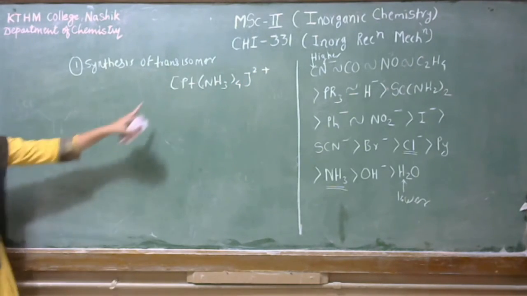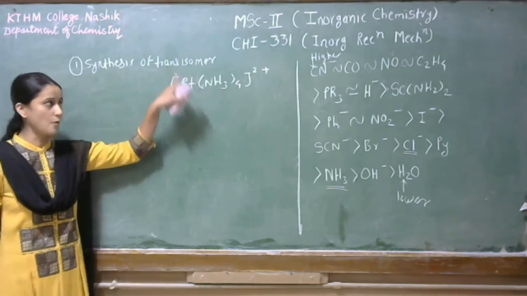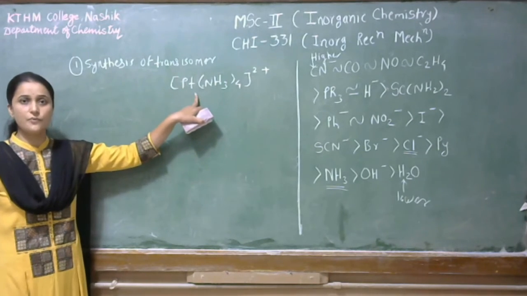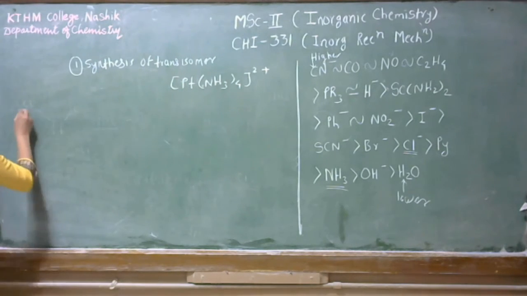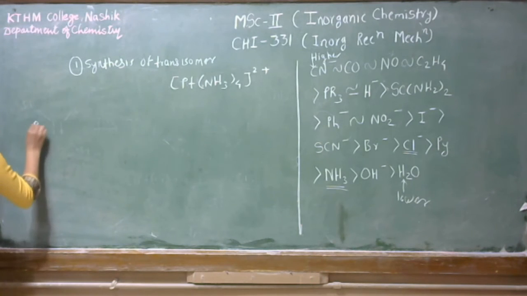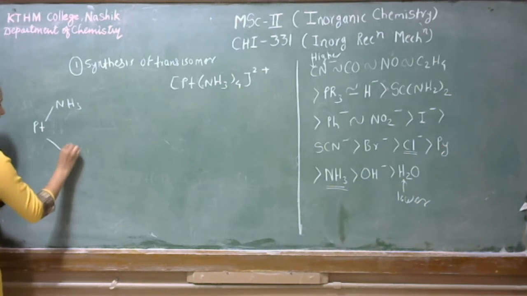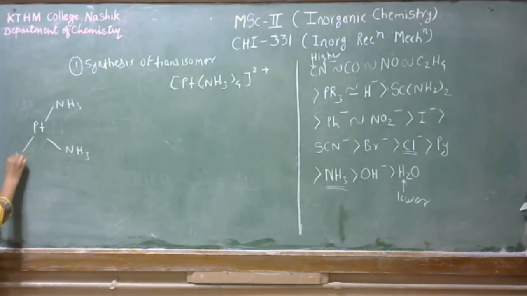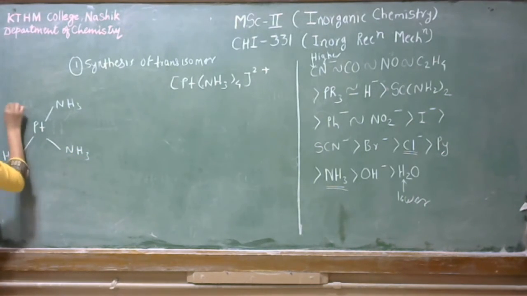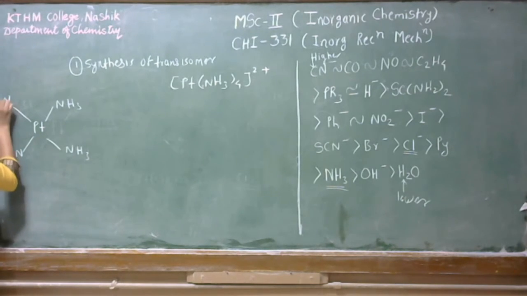We have to synthesize the trans isomer now by using Pt(NH3)4 2 plus. Let's see. Pt, NH3, NH3, NH3 and NH3.